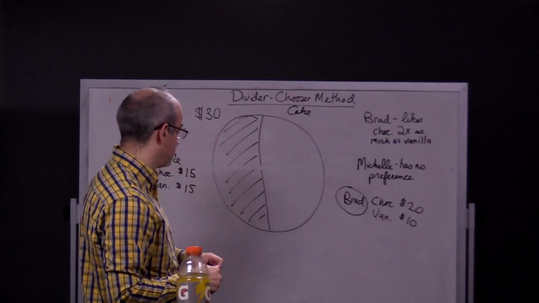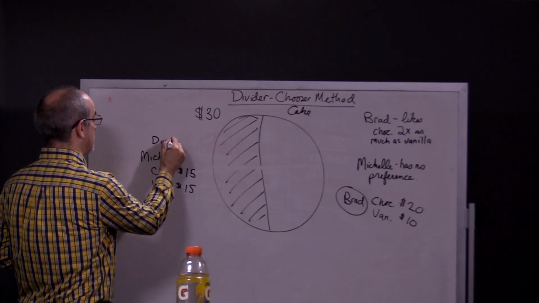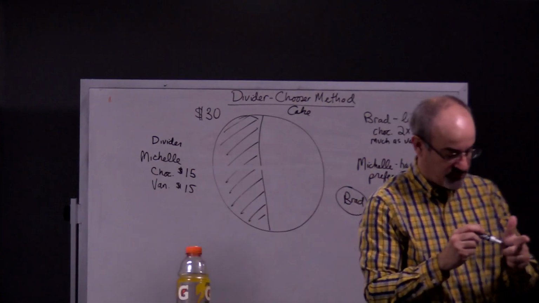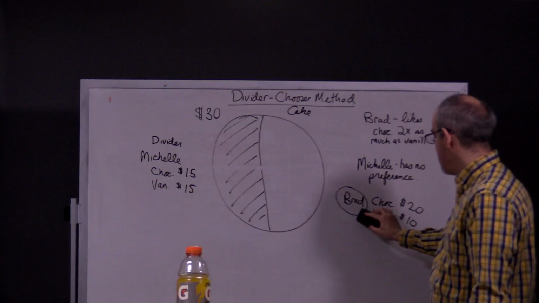Okay, so the problem is exactly the same. The cake is still worth $30. It's still half chocolate, half vanilla. It's just that now Michelle's going to be the divider.